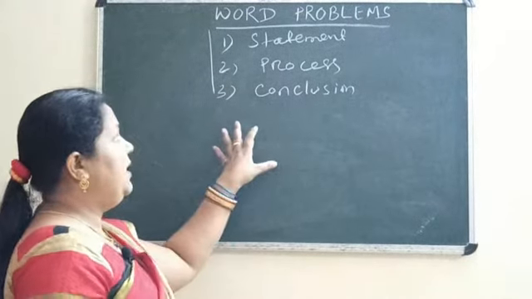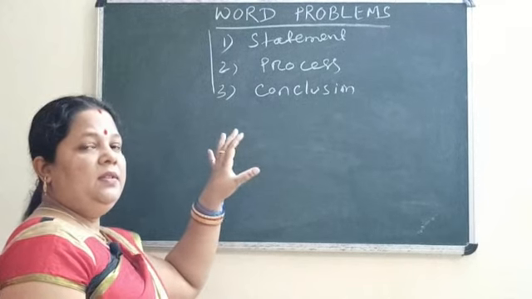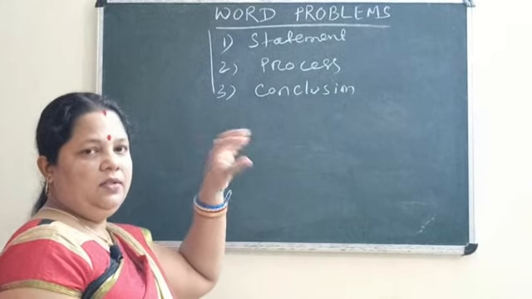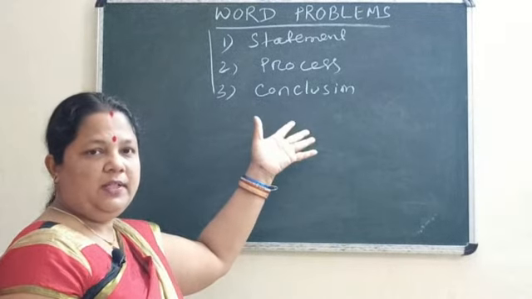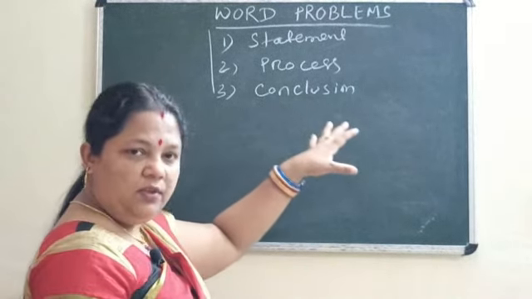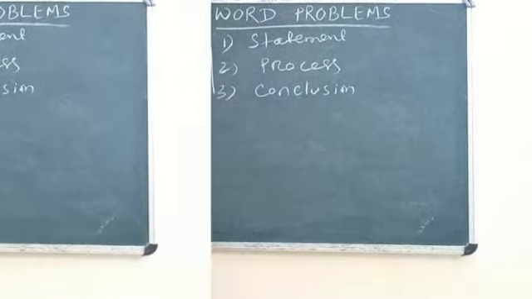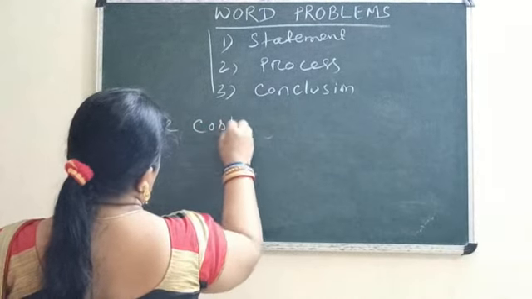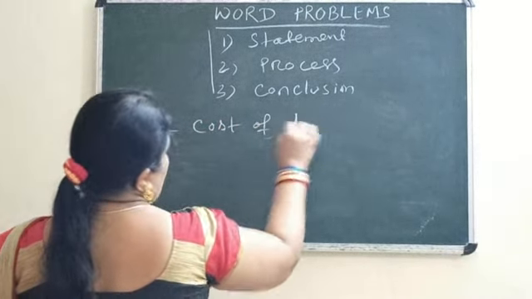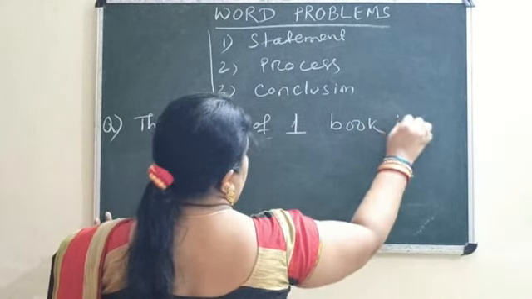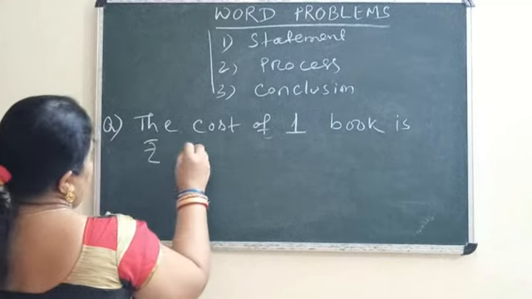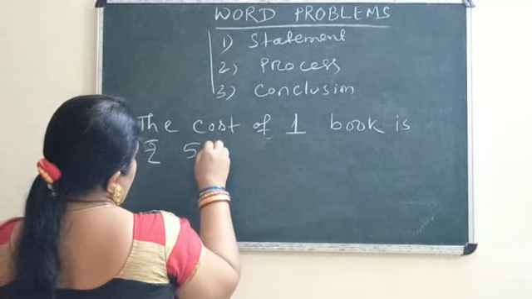And one thing remember, in case of multiplication, this is some trick to know what will be the process, how to know whether you will do the multiplication or not. Let's take an example. The cost of one book is rupees 50.